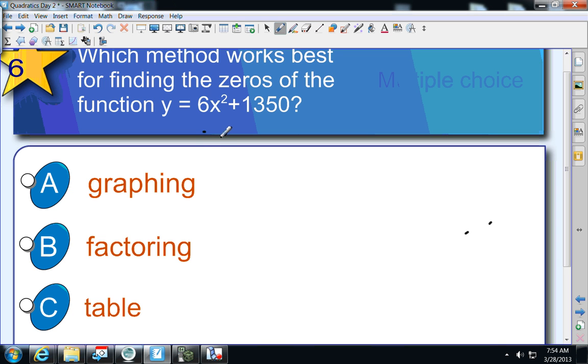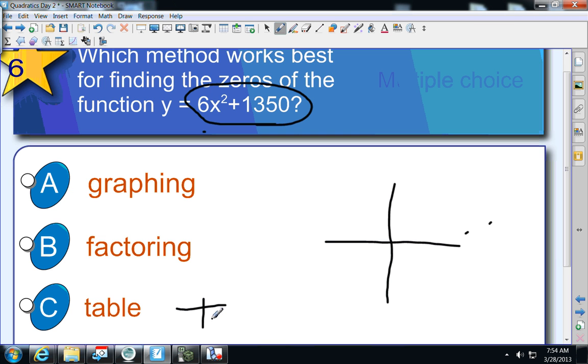But yeah, I would go in my calculator and I would either look at my table or I would look at the graph on it. But when it says graphing, it means that you would actually just take this and graph it by hand. I don't think anybody wants to graph that, do you? I think what you meant by graphing was you would put this into the calculator, into Y1, and press graph and see where it crosses. But the easiest is to look into the table and try and find where the Y number is 0.